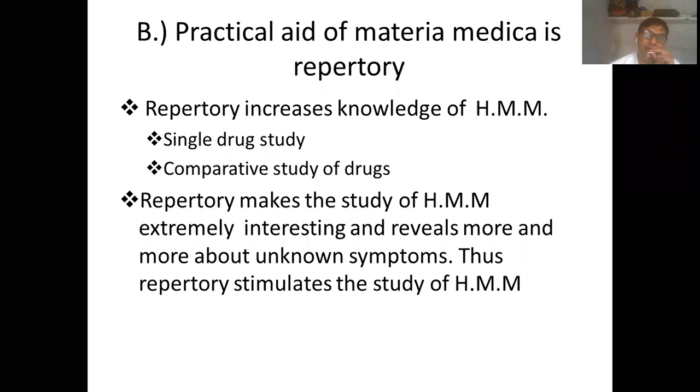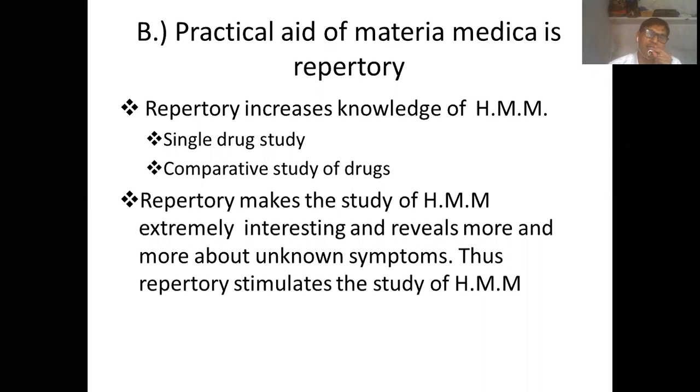Now again, take a review of all the rubrics and all the sub rubrics and compile the rubrics and sub rubrics in which both drugs are present. So at the end, what will happen? You will have a list of symptoms where both Natrum muriaticum and Ignatia are present, and in a few rubrics only Natrum muriaticum is present, and in a few rubrics Ignatia will be present.